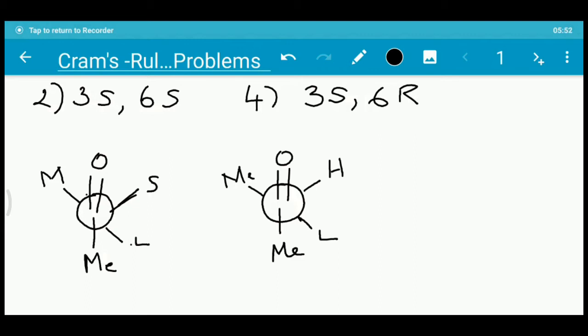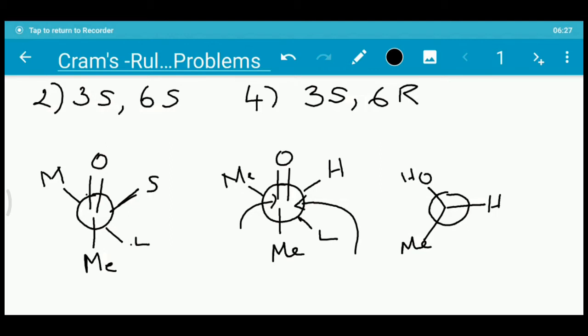Now, according to the Cram's model, my nucleophile can come and attack from either side, but the most preferred side is the attack from the side of the smaller group. Now when this attack takes place, I end up with a product like this.